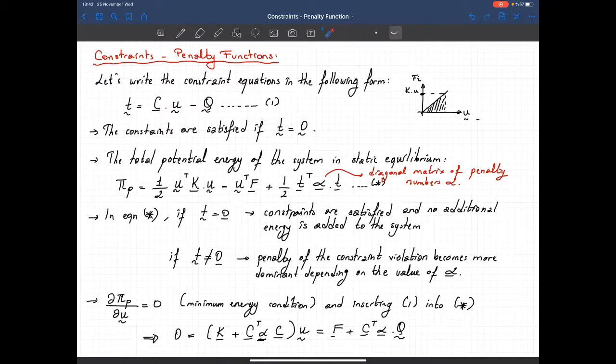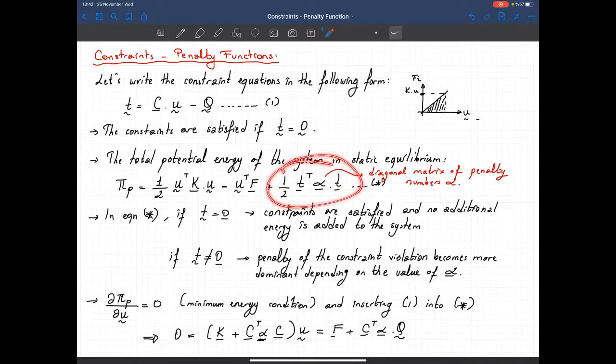Okay, just think about it this way. If we don't have this term, what we will get at the end of the day will be our equilibrium condition. The equilibrium condition will give us the minimum potential energy for this system.